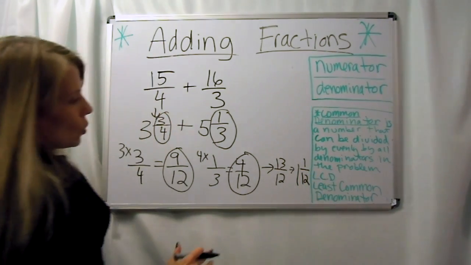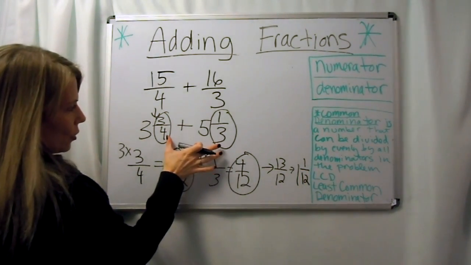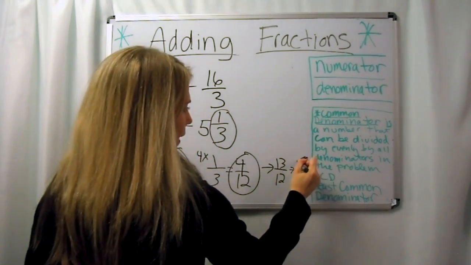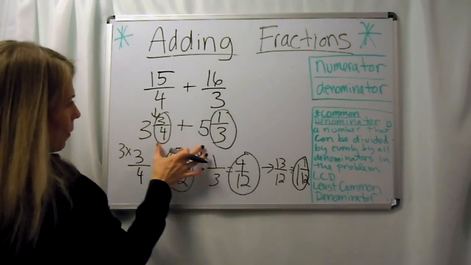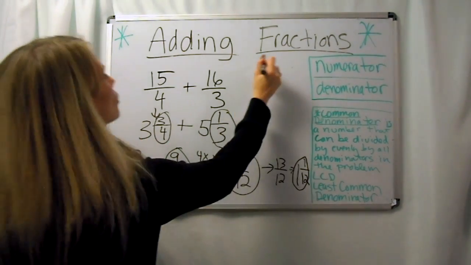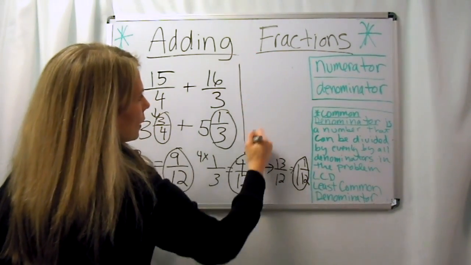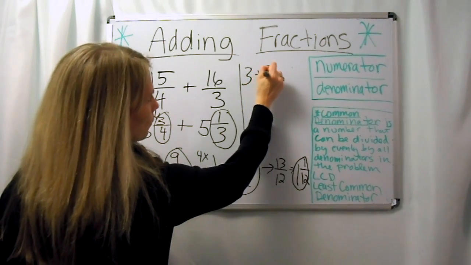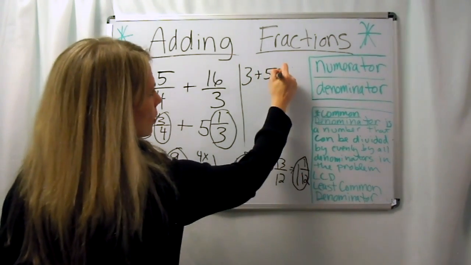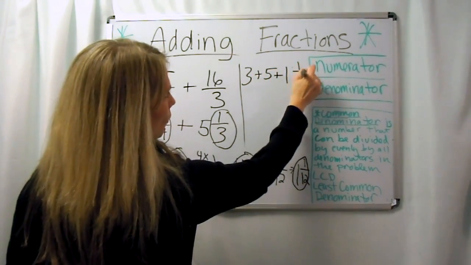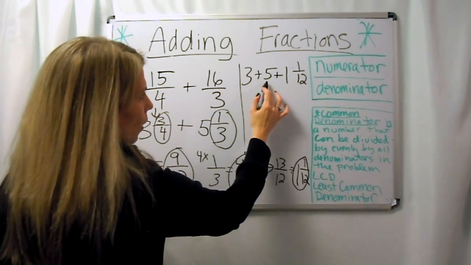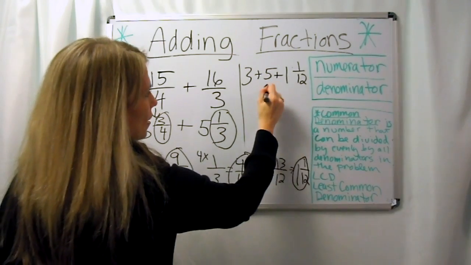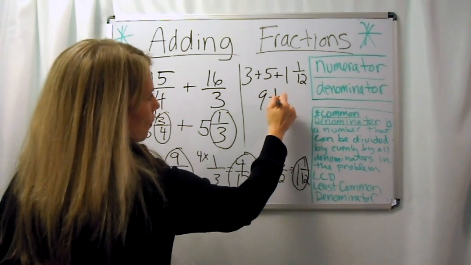Okay, so after adding these fractions together, I get 1 and 1/12. So I have to go back now and add my whole numbers. Let me write this separately. I now have 3 plus 5 plus 1 and 1/12. So when I add up all my whole numbers here, 3 plus 5 is 8, plus 1 is 9, and then I have 1/12.